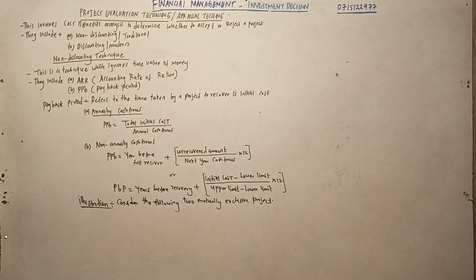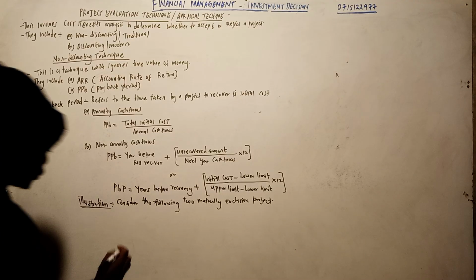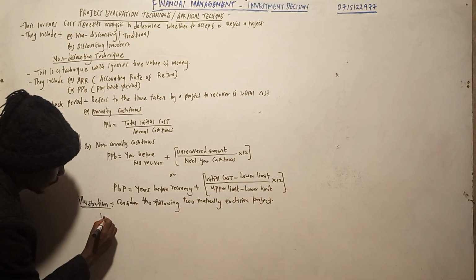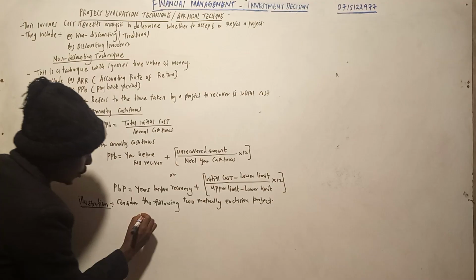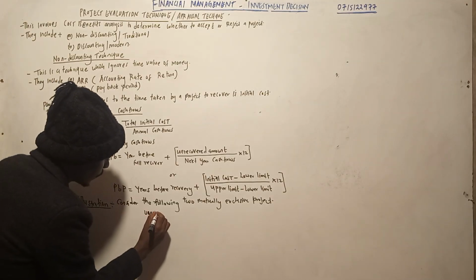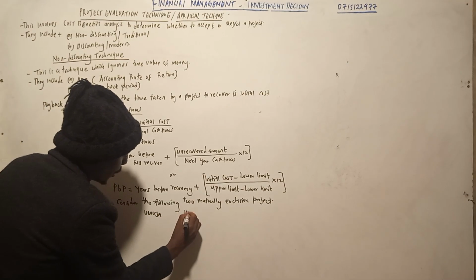We have initial outlay, and there are two projects. Project 1 is Umoja, the other one is Upendo.